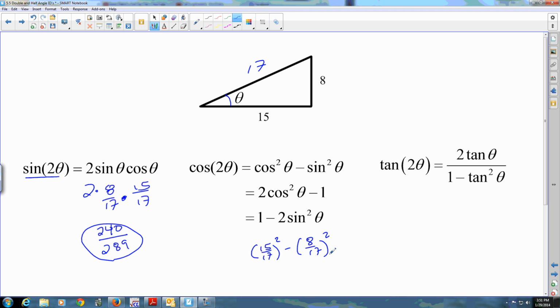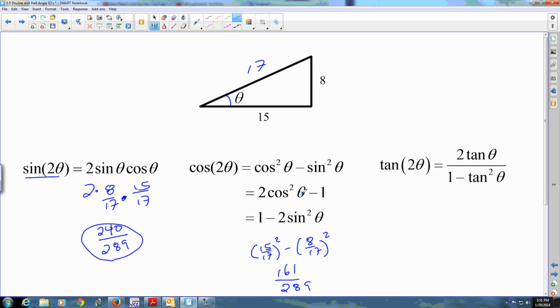So let's see, 15 divided by 17 squared minus 8 divided by 17 squared gives me 161 over 289.